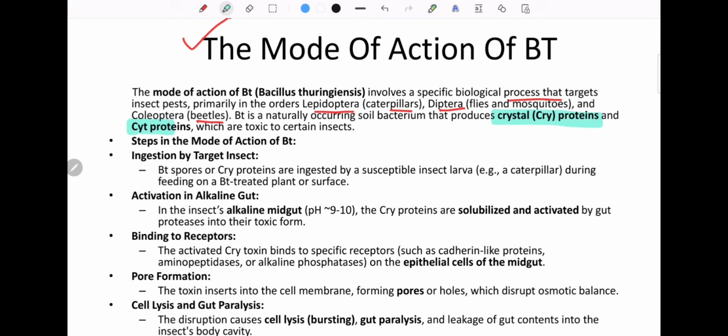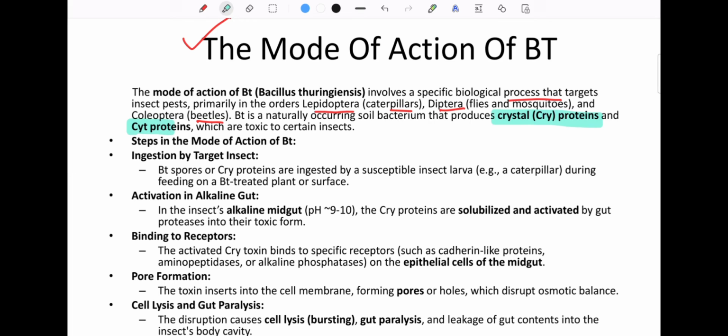Okay, so basically what happens is that Bacillus thuringiensis produces proteins that kill certain insects such as lepidopterans and coleopterans, that means the beetles, and also the dipterans like the flies and mosquitoes.